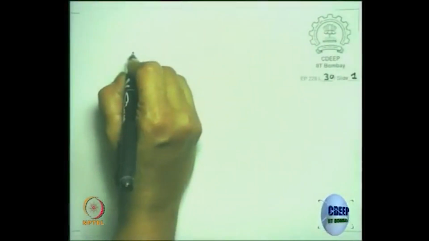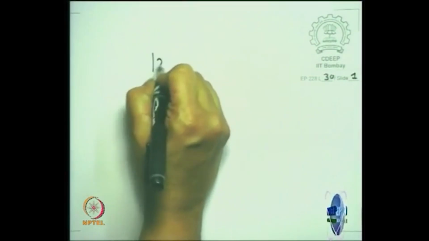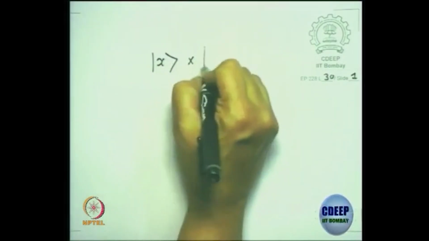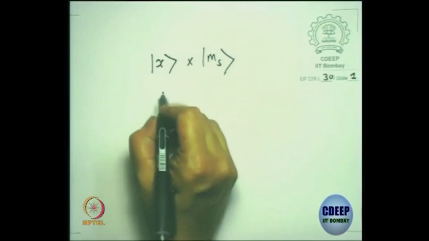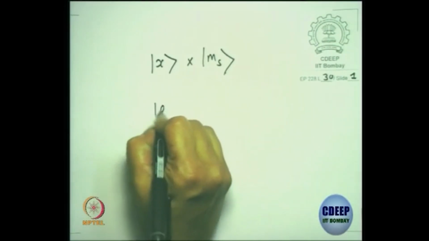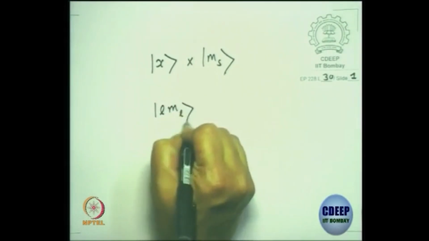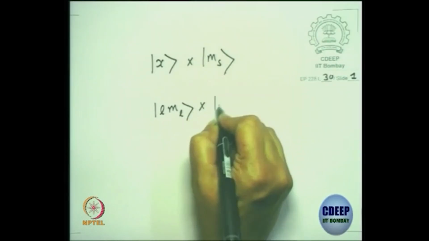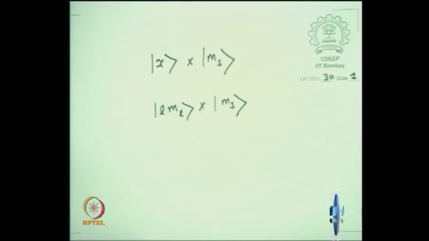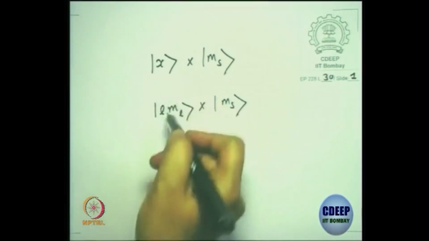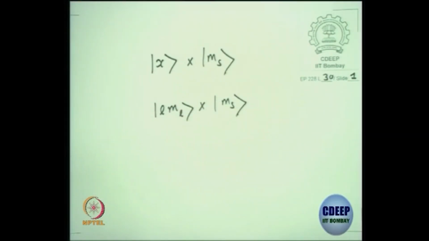So, when we write a state, I can write this as a direct product state. Equivalently, you also write m. I am not putting an S because I am taking S to be half. That is the only reason. These are equivalent direct product space.